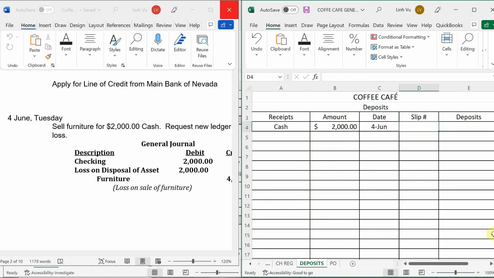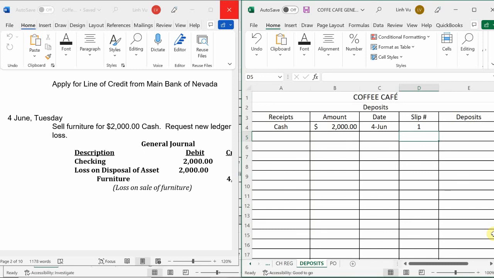Now, in this case, you would actually be getting a deposit slip number. But because this is a fictitious business, we're just going to say this is deposit slip number 1. Usually this number is given to you, but I don't have a real bank for this, so I'm not going to generate numbers randomly. For most cases, you should be given this deposit slip number.